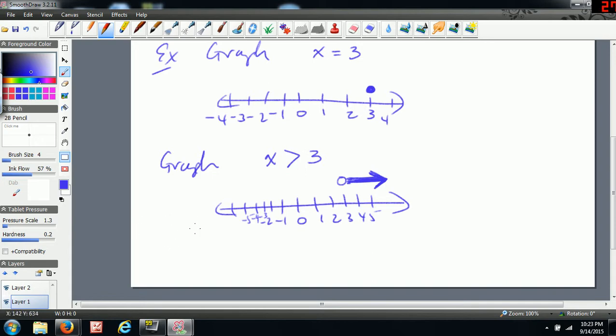So if we were asked to graph x is less than 3, actually let's do this one in red. So that would be, again, an open circle, but it would be moving this way. So 3 and everything less than it.